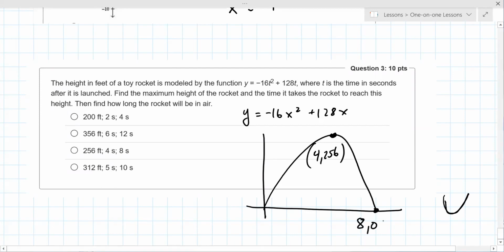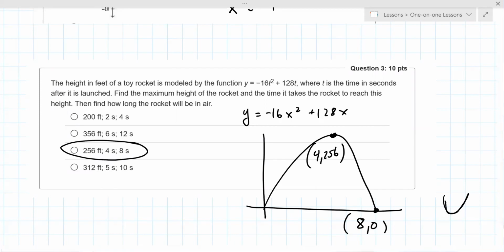So which of these is correct on the left here? Letter C. Okay, I agree. All right, you got your Desmos still open. Is that right? Yes.